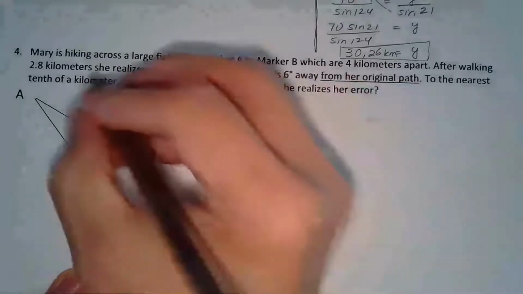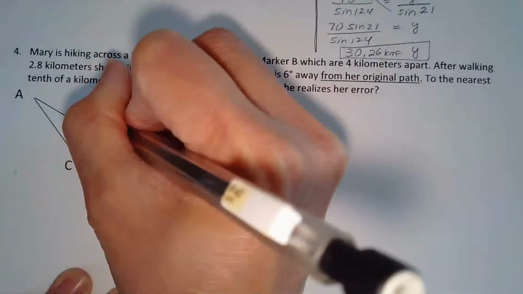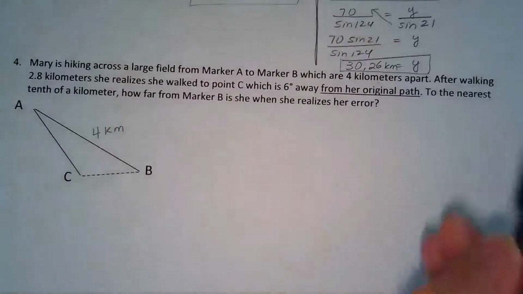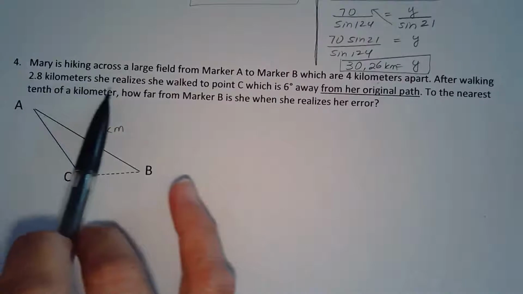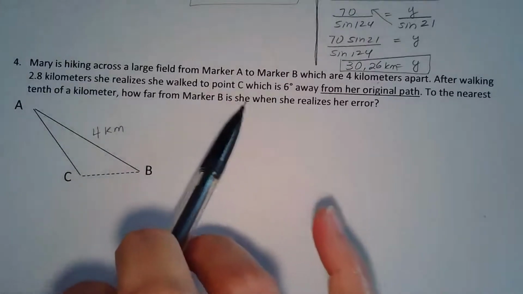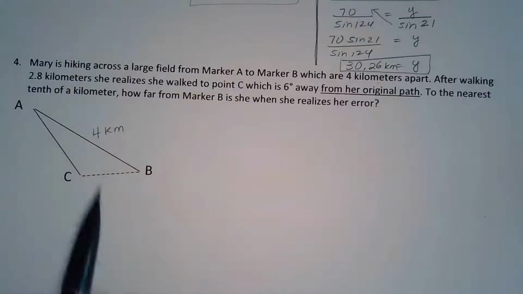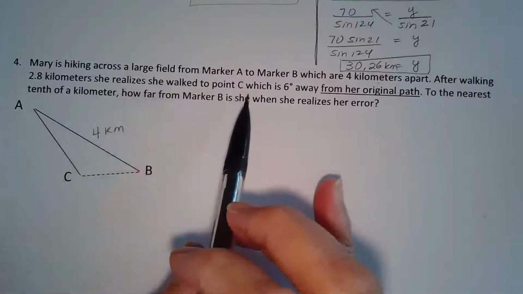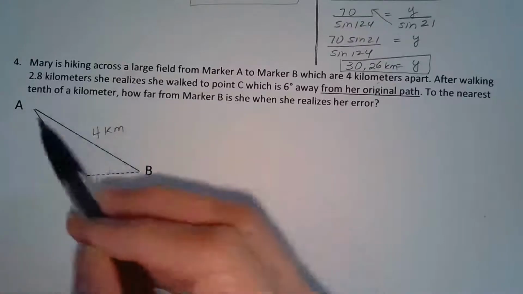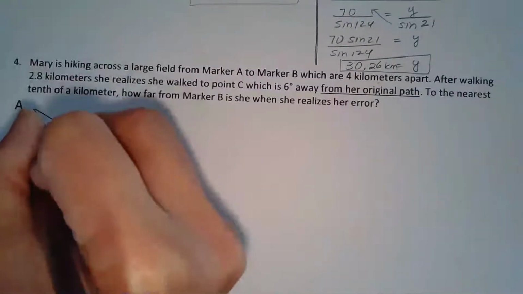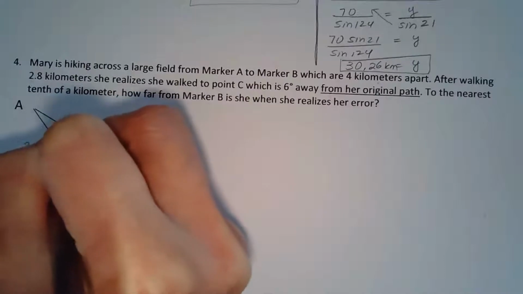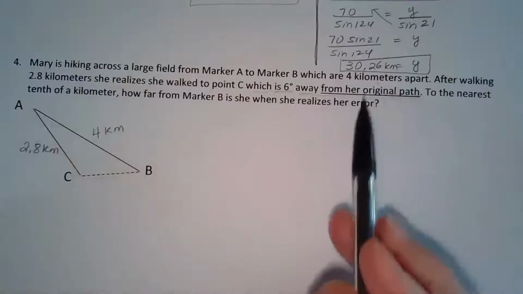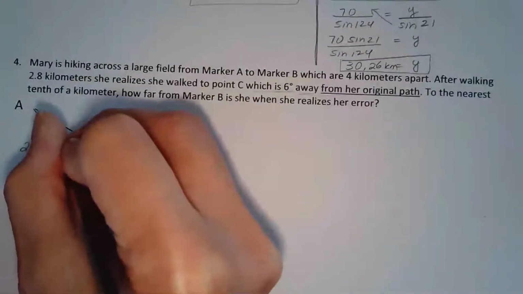After walking 2.8 kilometers, she realized she walked to point C. So instead of going this way, she actually went this way, 2.8 kilometers, which is 6 degrees from her original path.